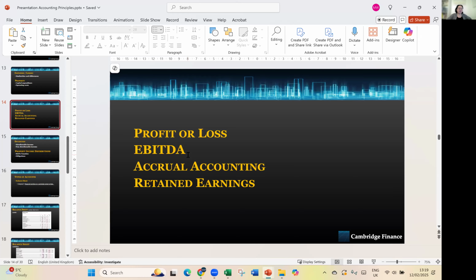Okay, so EBITDA stands for earnings before interest, tax, and depreciation and amortization. Okay, and then a kind of similar name for it is the NOI.